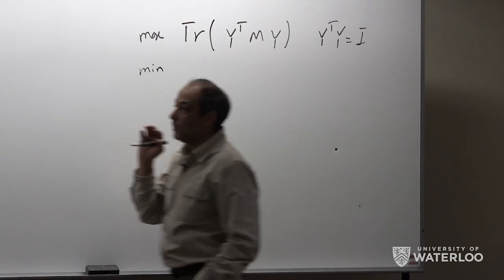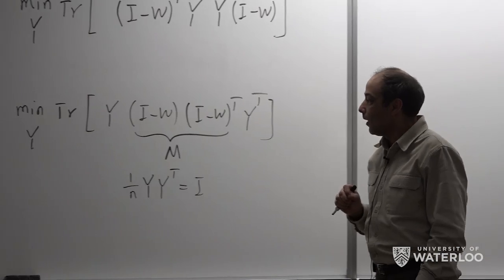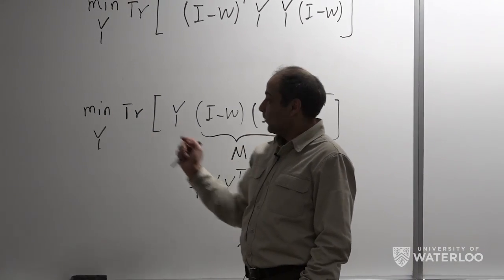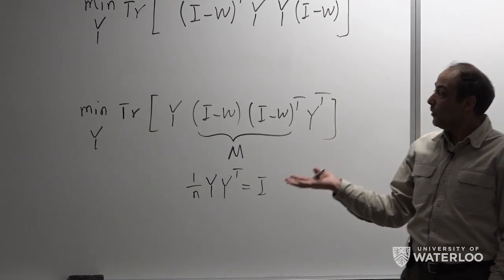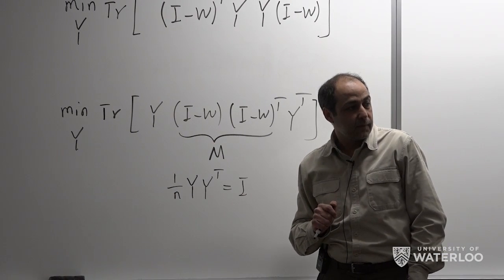And if you have any doubt, you can just write the Lagrangian and take the derivative. So the solution for this, since we want to minimize it, is the bottom eigenvectors of M.